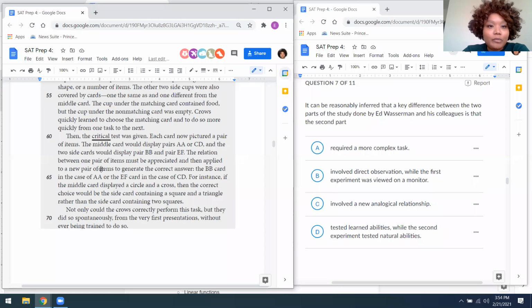And they didn't really look into much of the stuff during the not so critical test before they did this critical test. Okay, so we have a not so critical test and a critical test. So that's two different tests we have, right?